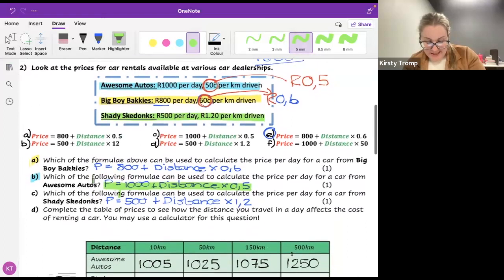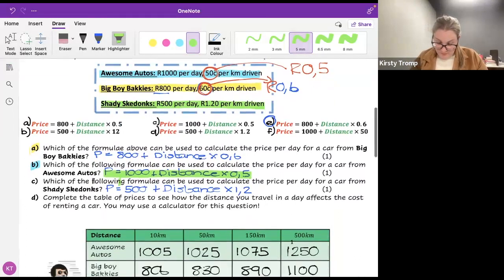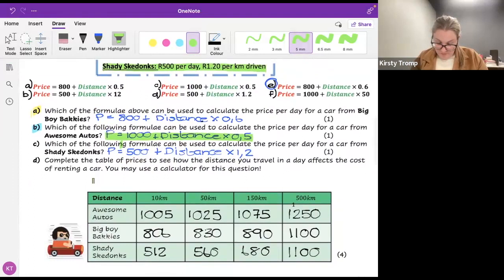What don't you understand? I don't understand how you add up the distance and the price. How you add up the price and the distance, as in how you got the formula or how we got the answers in the block? How you got the formula.